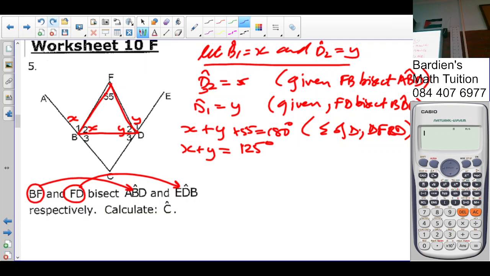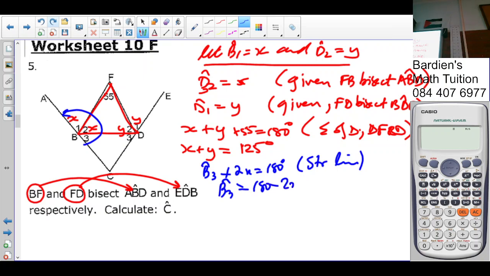Now we move into the other triangle. You see B3 plus X plus X equals 180. Why? The straight line. So B3 is equal to 180 minus 2x.